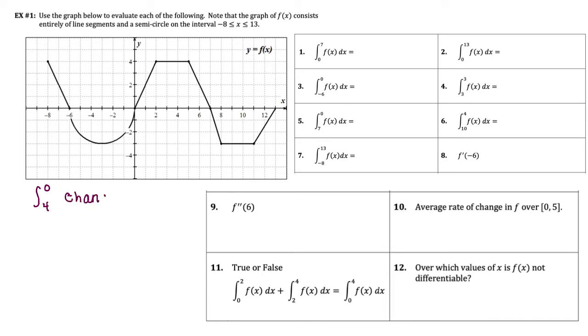We need to change it and put a negative and put the integral from 0 to 4. We always have our least on bottom and greatest on top. That's your lower and upper bounds. And then also we need to remember some formulas.